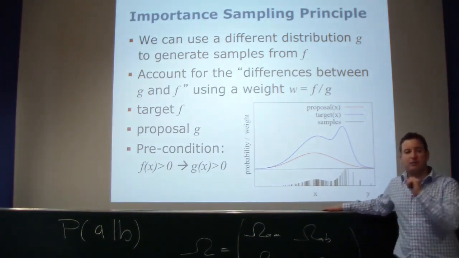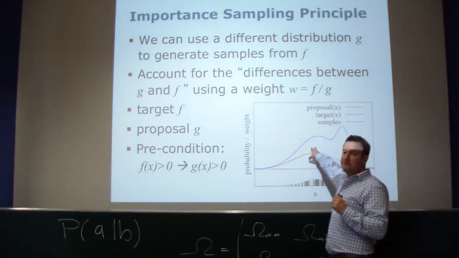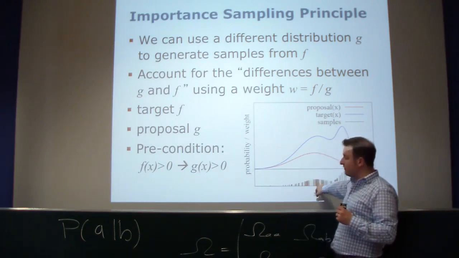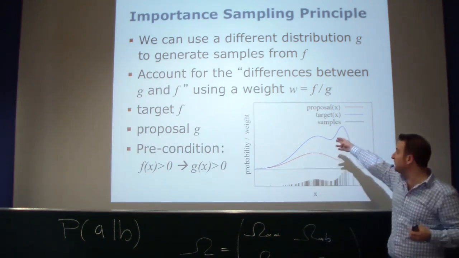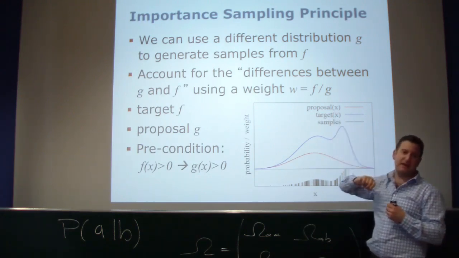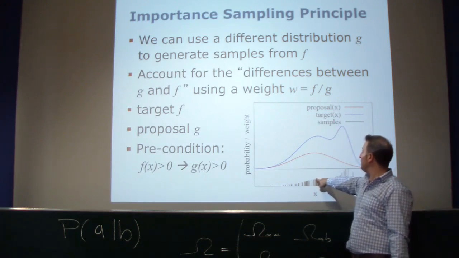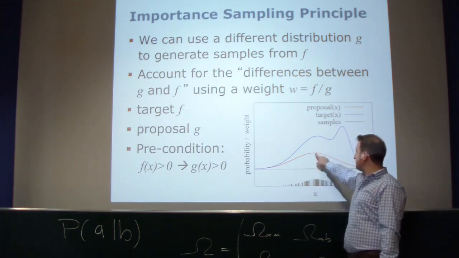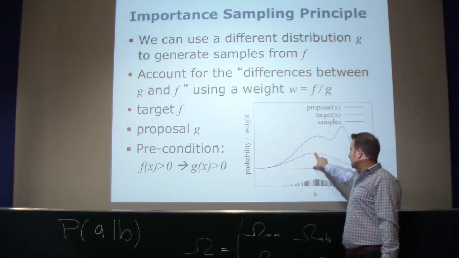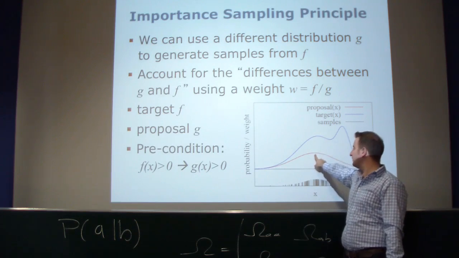The only thing the importance sampling principle then says is to account for the differences between those distributions by assigning a weight. This is proportional to the difference between those distributions. So the weight is f divided by g at that point. If I have drawn a sample here, I take f, this value, divided by g, this value. It's approximately 2, because this function is approximately twice as high as this one.